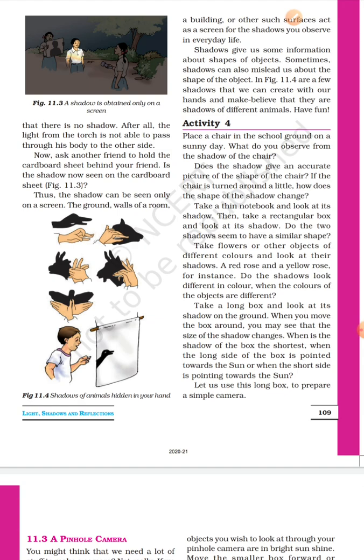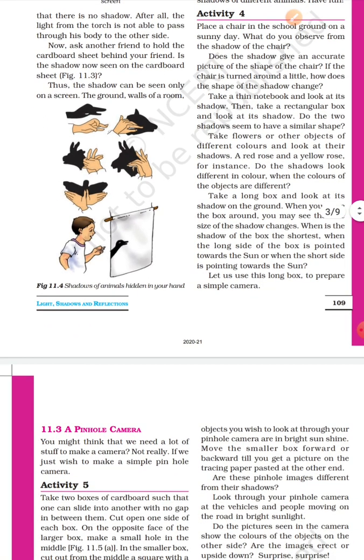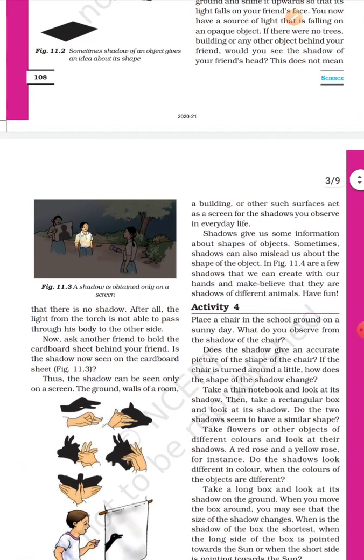Shadow length changes when we change the distance between the opaque object and the screen. So we have to know all these things by our activity. Got it? According to the activity you will get your answer.